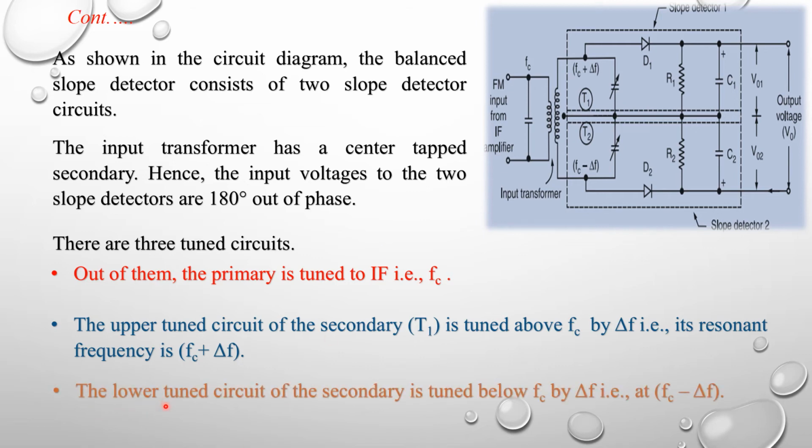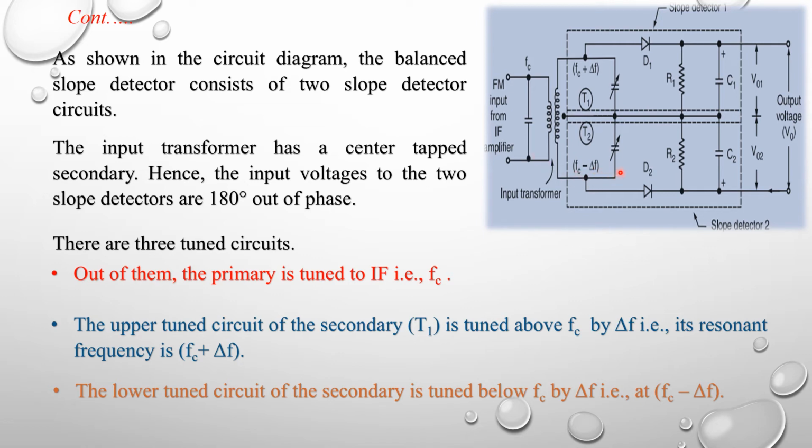The lower tuning circuit of the secondary is tuned below the carrier frequency by delta F, that is Fc minus delta F, and this is tuning circuit 2. Let us assume the carrier frequency is 10 kilohertz and the change of frequency is 5 kilohertz.